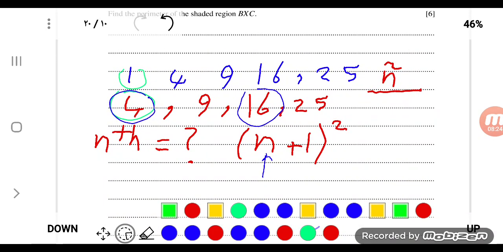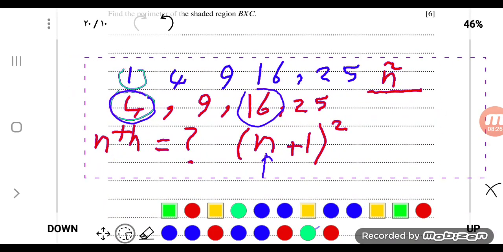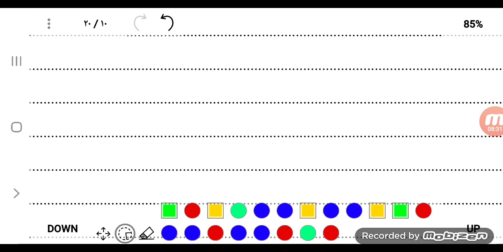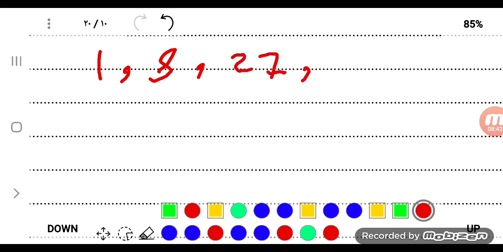Now let me give you an idea about another sequence. What if you have this sequence now? 1, 8, 27, 64. So what do you call this sequence? In fact, it is called a cubic sequence. The nth term in this case is n cubed.